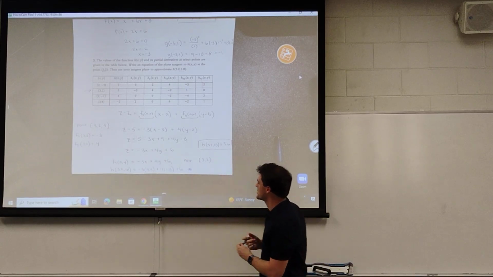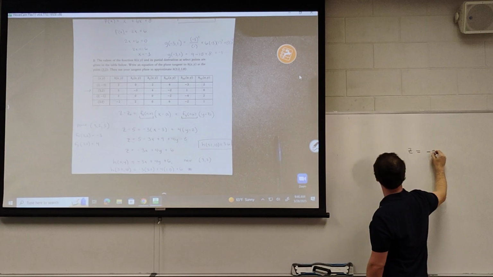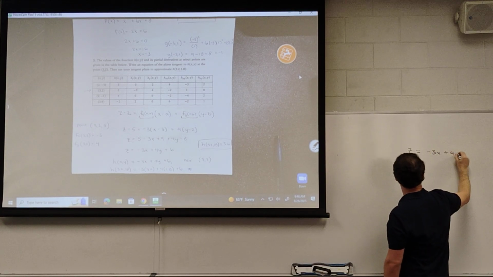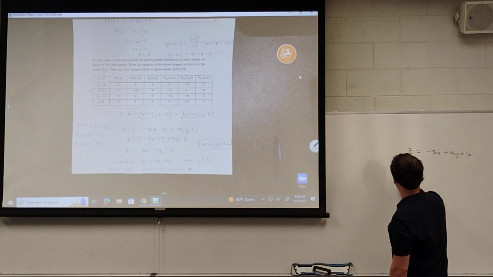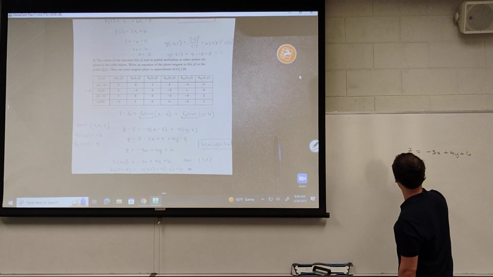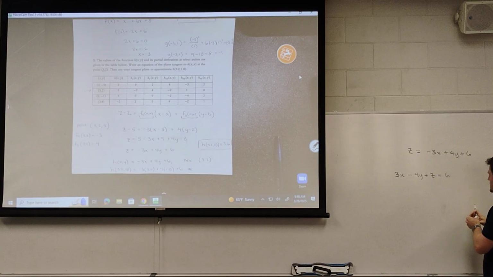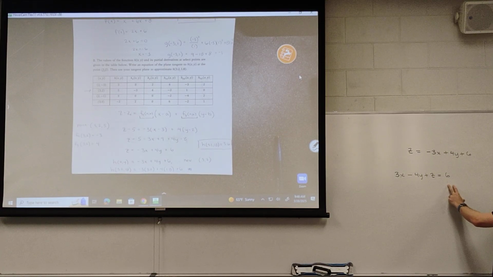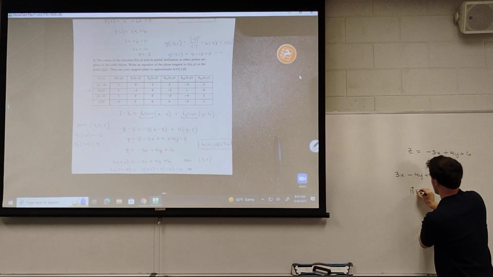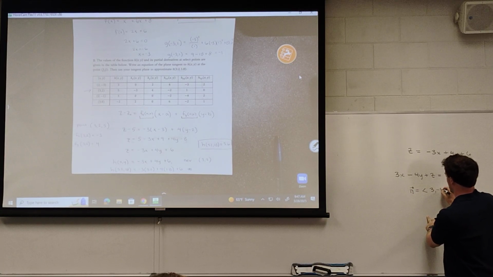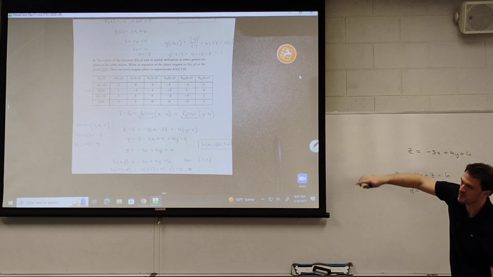So right now we have z equals negative 3x plus 4y plus 6. If you write this in that standard form, moving this over, moving that over, this is the standard form. Practice test 1 asked, what is the normal vector of the tangent plane? And you could grab it from this form, but notice you can't grab it from that form.